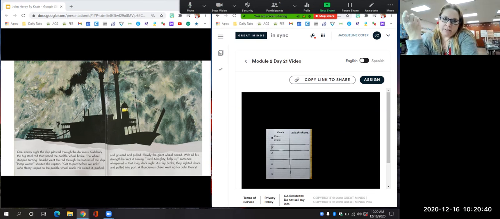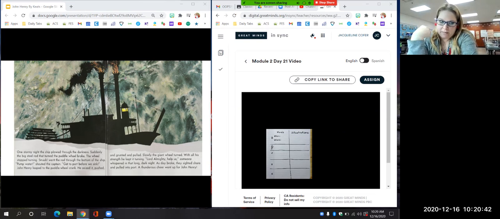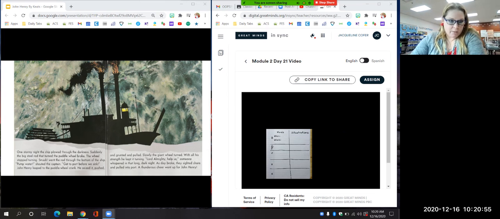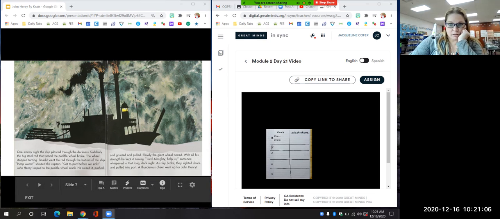What is going on this page that is a big event in John Henry's life? So I know that this is his first job, that he got his first job on the paddle boats, the paddle wheel riverboats. So I think that we should probably put something about that on our chart.